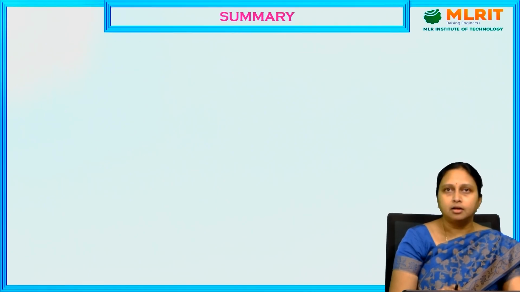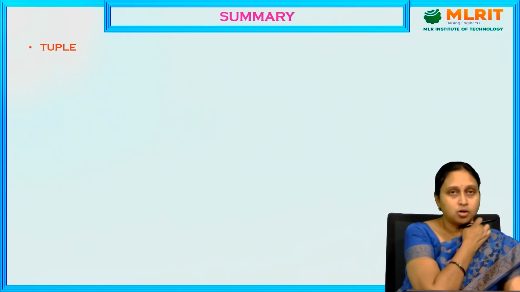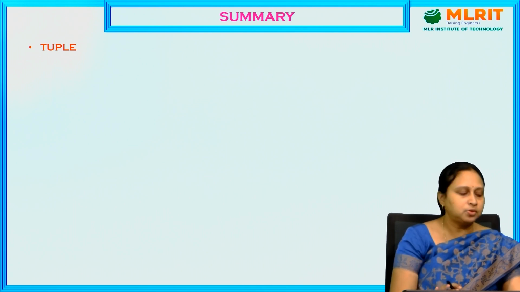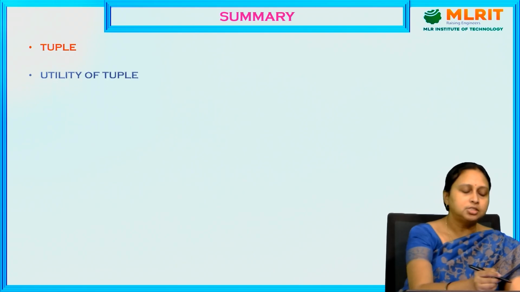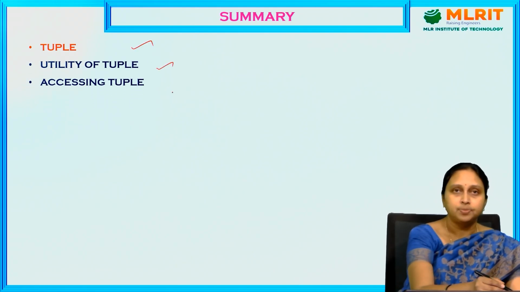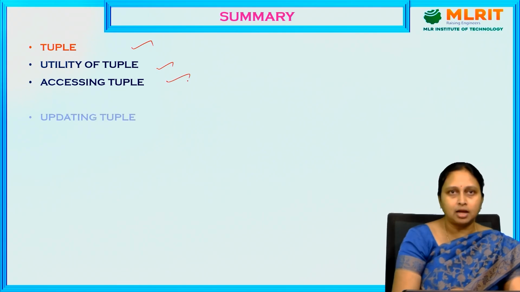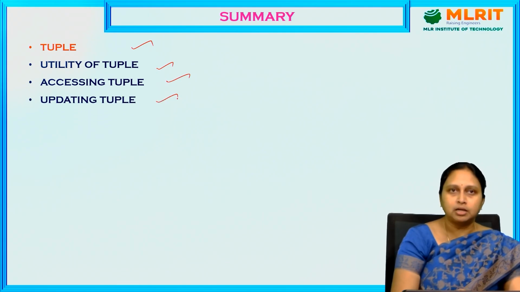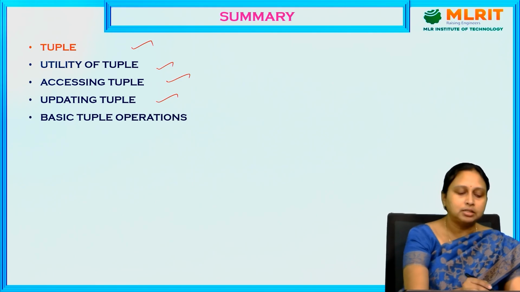I hope you understand the concepts we have discussed. Let us see the summary of the concepts we have discussed in the overall session. We have discussed what a tuple is, what the utility of a tuple is, how you can access tuples, what updating things we can perform in a tuple, the basic tuple operations, and tuple assignment.